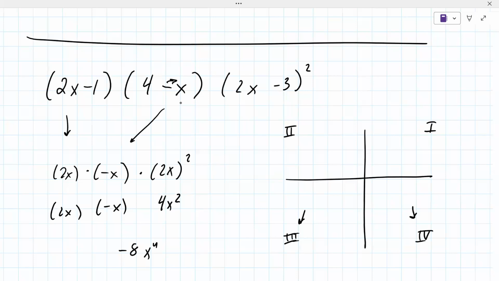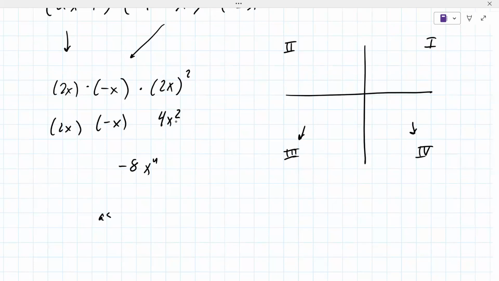So now the end behavior here, as x goes to infinity, as x goes to minus infinity.